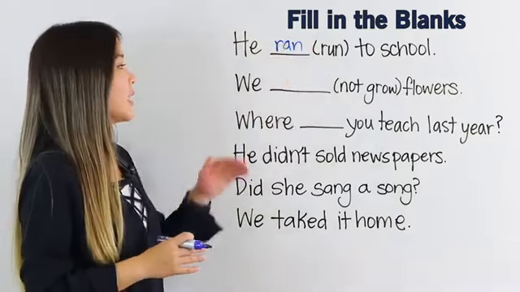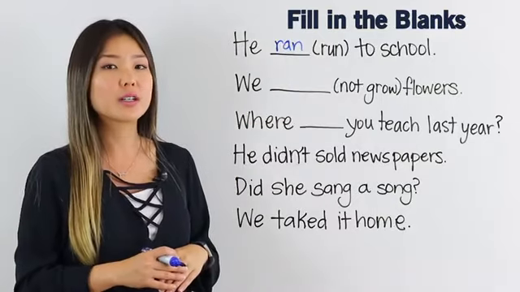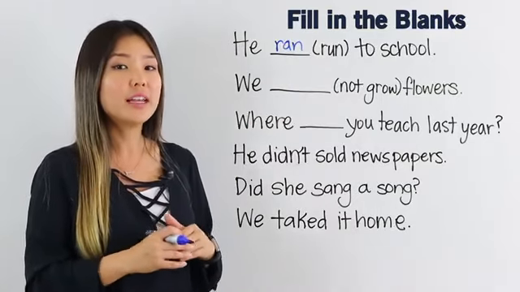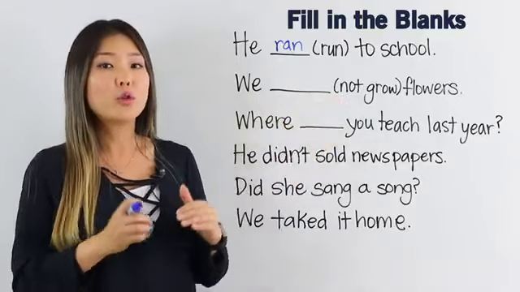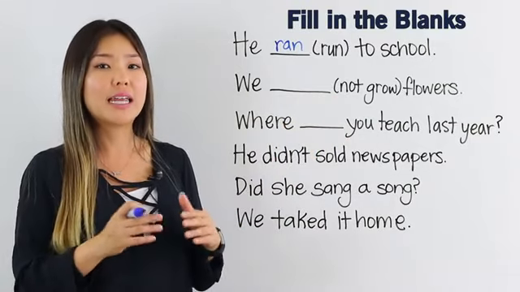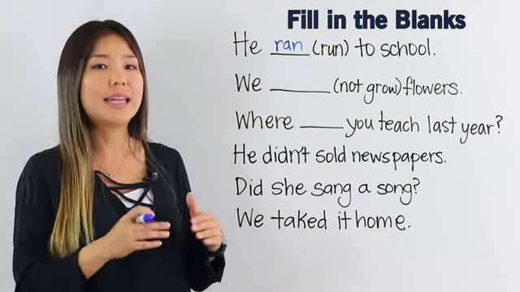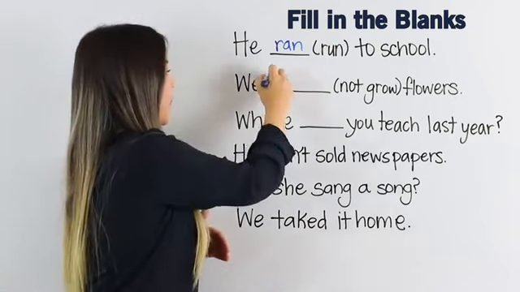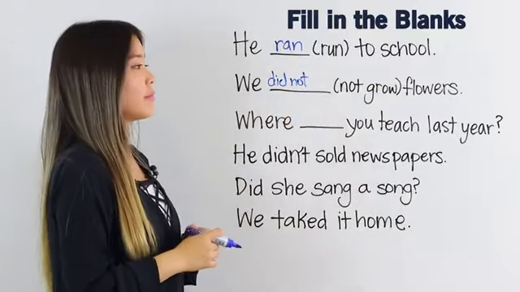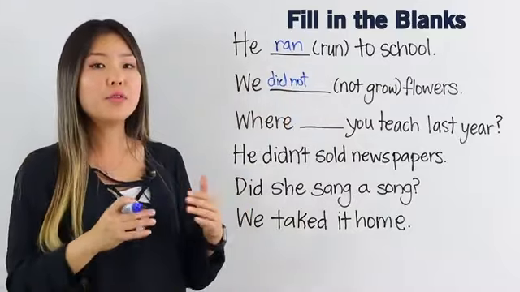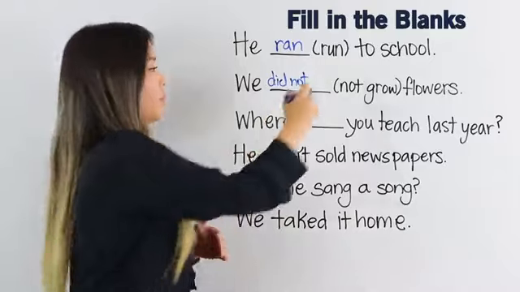The next sentence says, we blank flowers. We want to use the negative because here it says not grow. Remember, no matter what the subject, in the negative form, we say did not or didn't. Then we keep the verb in its base form.